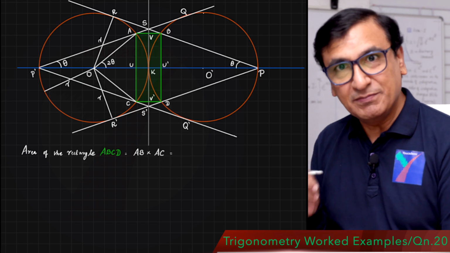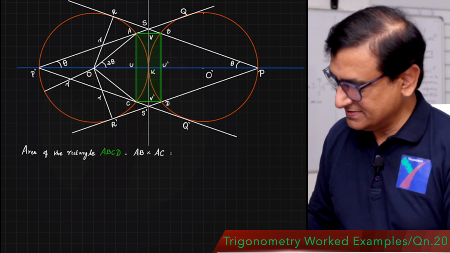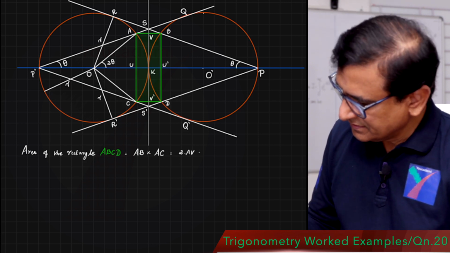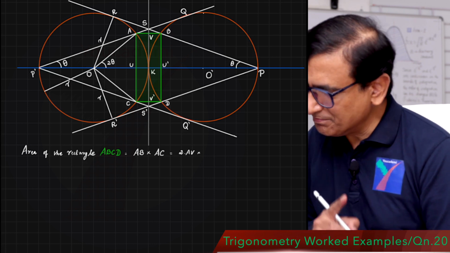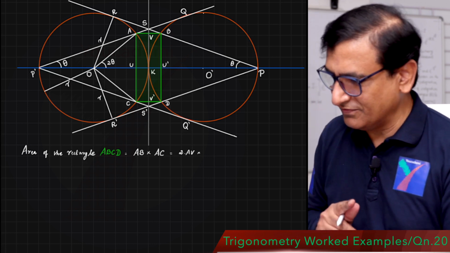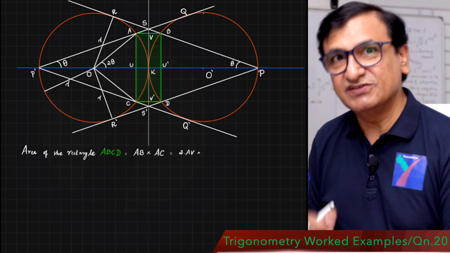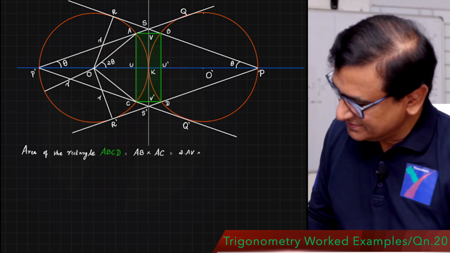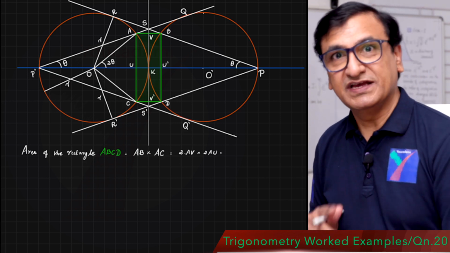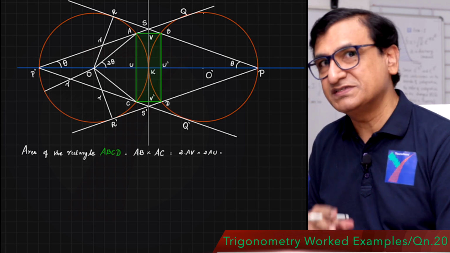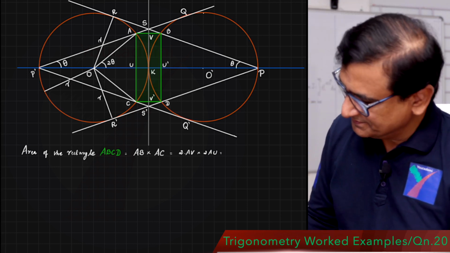Therefore, AB would be twice AV. Similarly, the line P prime P is a bisector of line AC. Therefore, AC would be twice AU. So, the area of the rectangle would be 4 times AV multiplied by AU.